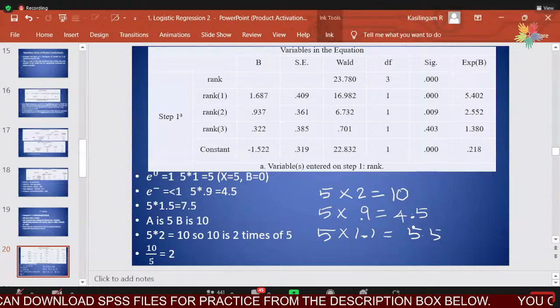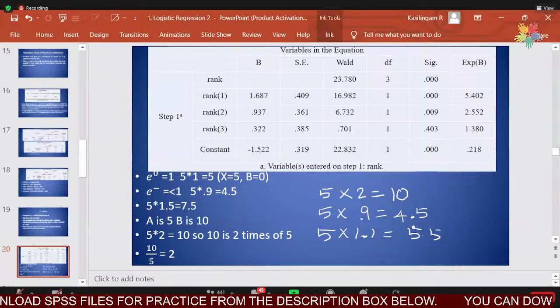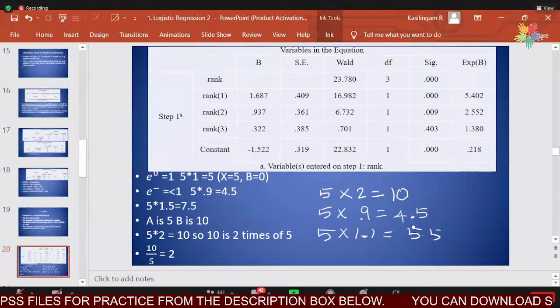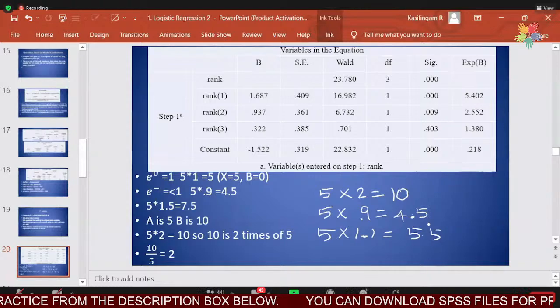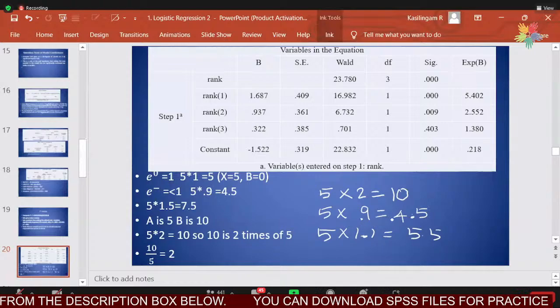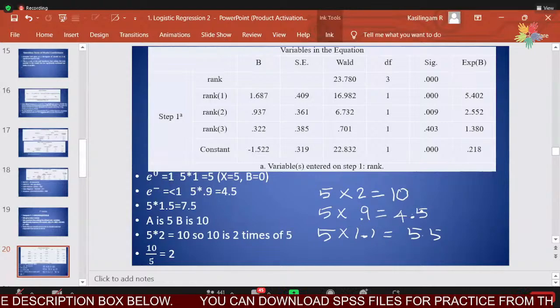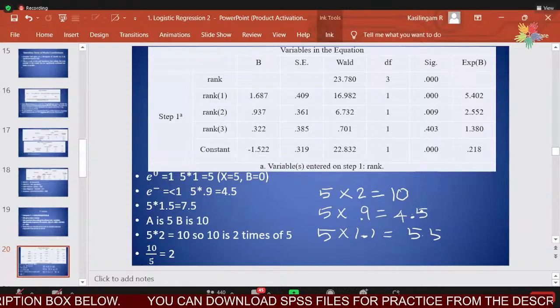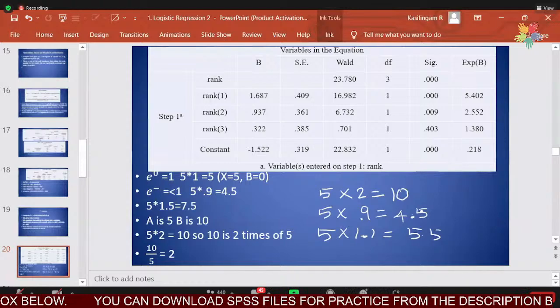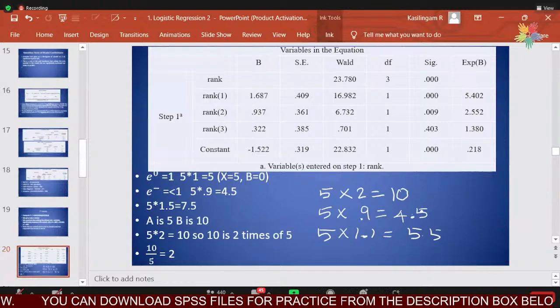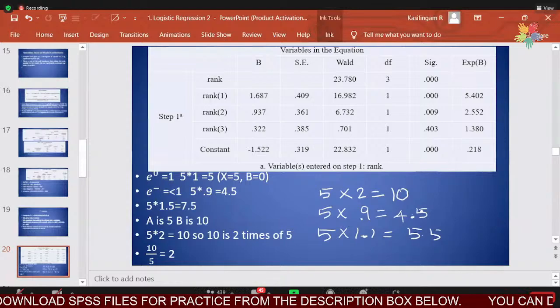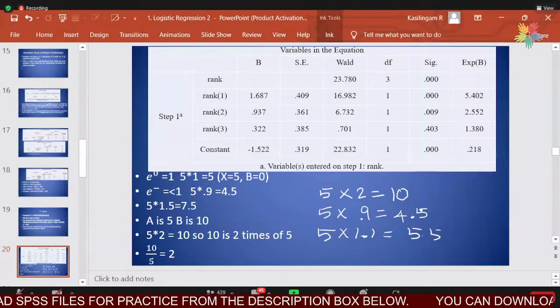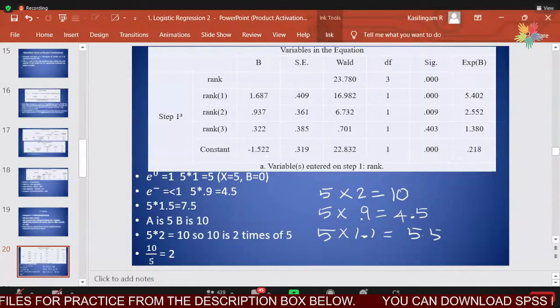Now, please understand. When my beta is negative, this value should come down, right? When this increases, this should come down. But when it is negative, my exponential beta will be less than 1, these are all points.